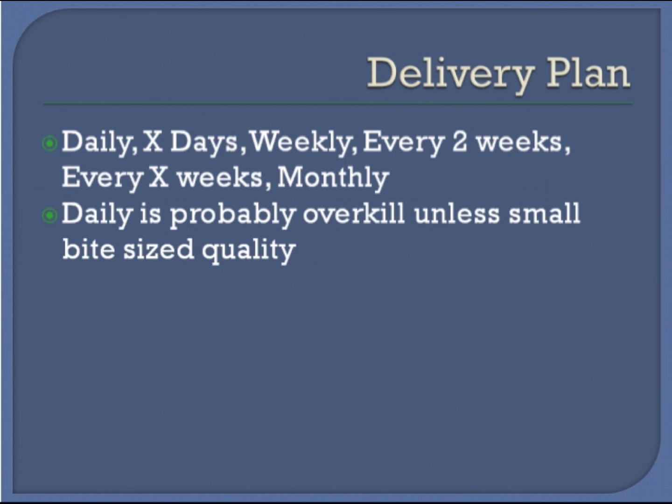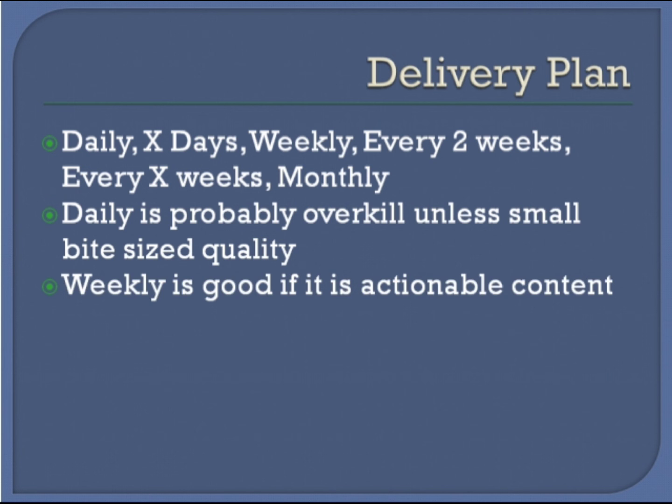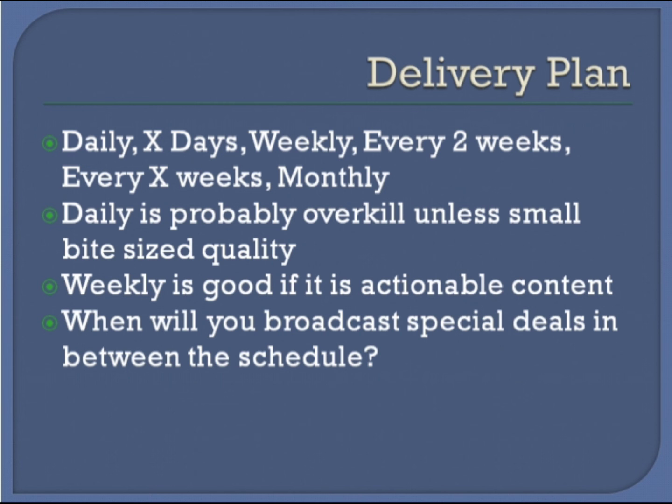Daily is probably overkill unless it's small bite-sized quality content, like I said earlier. So it depends on your audience. And weekly is good if it's actionable content. Most people are not going to have time to do something every single day, but they'll definitely have time to do it every single week. So like I said, think about your audience, think about your competitors, and then create a plan from that point.